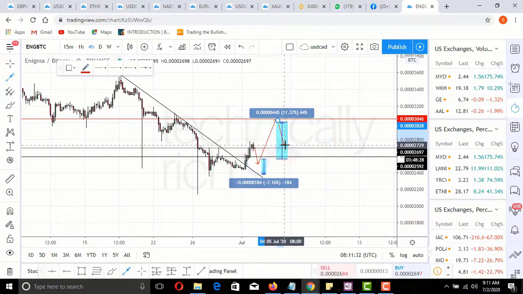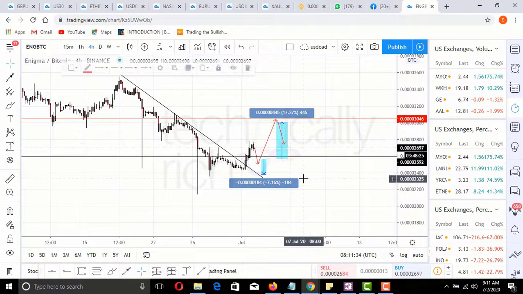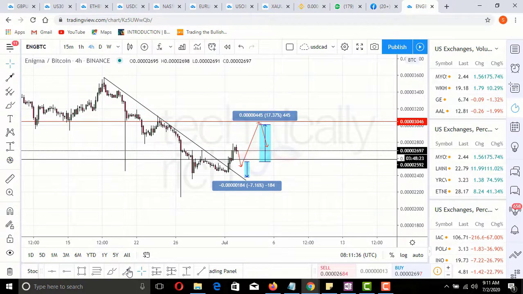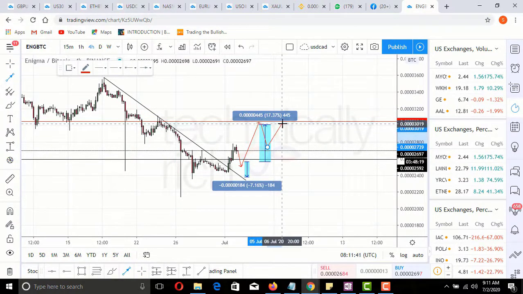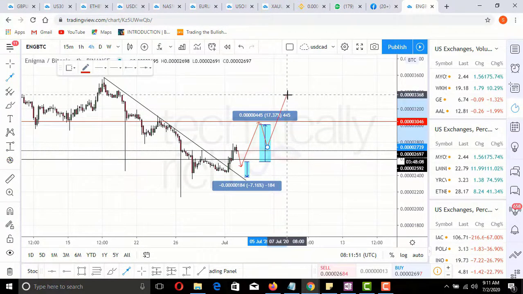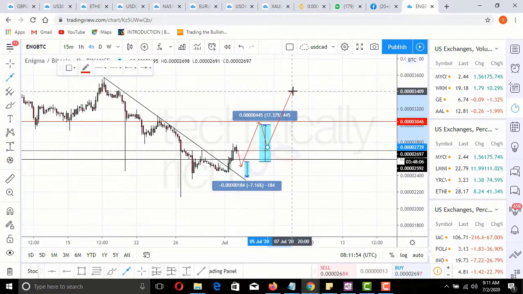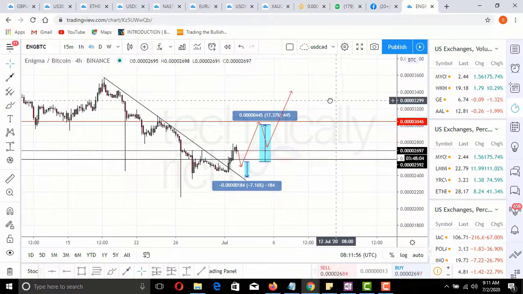And if it retests this area and finds support around there, it has to go back again. And if it's still in an uptrend, if it still wants to do that uptrend, then it breaks this resistance here. Now this is the next resistance, more likely to hold the market.